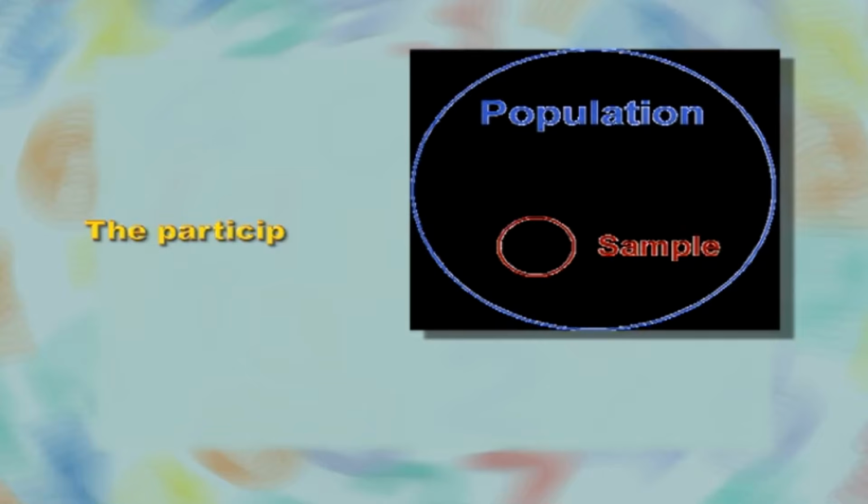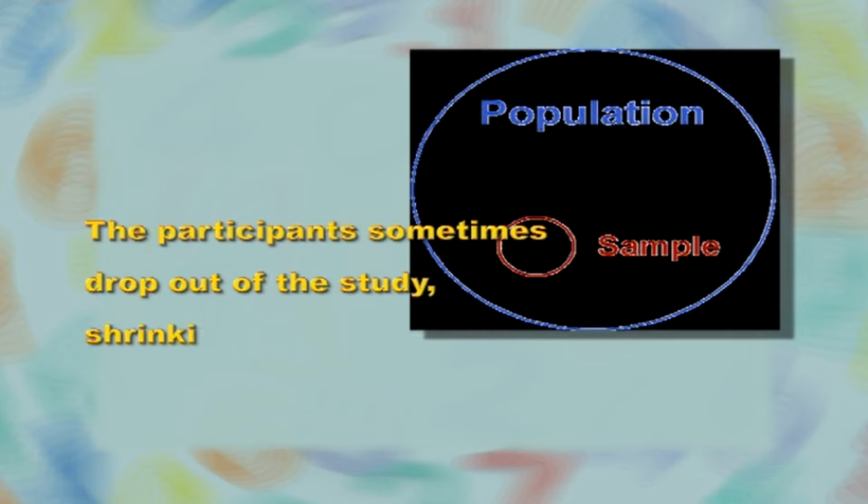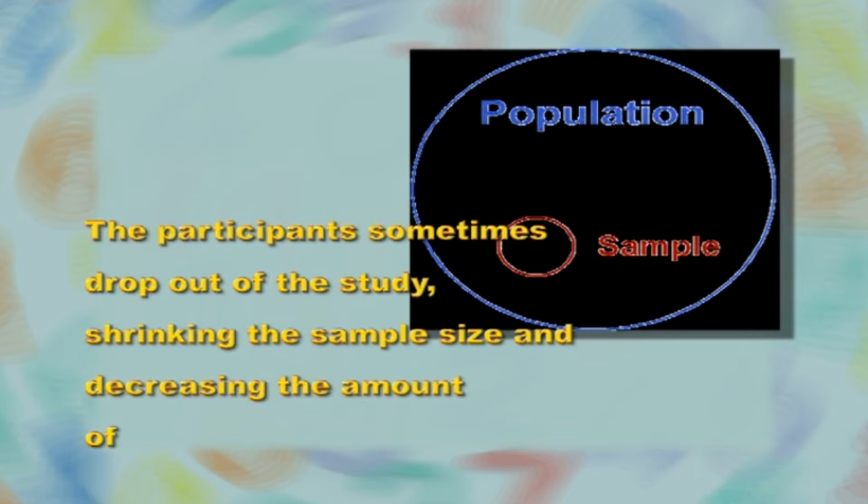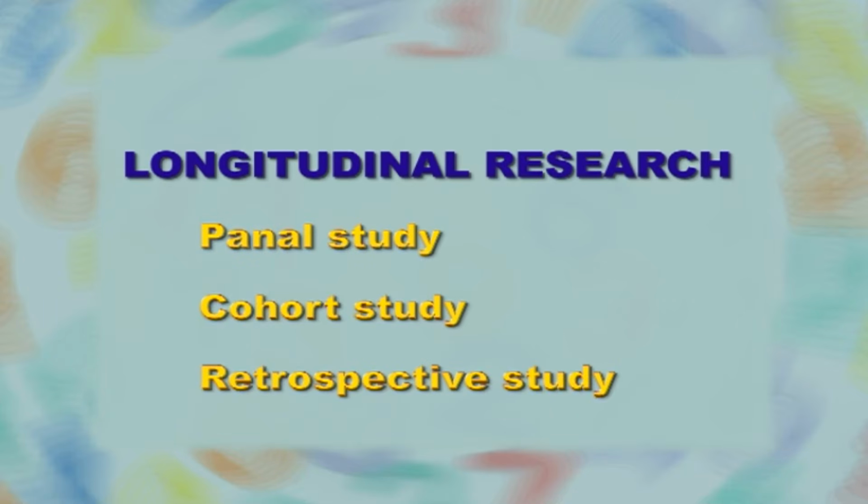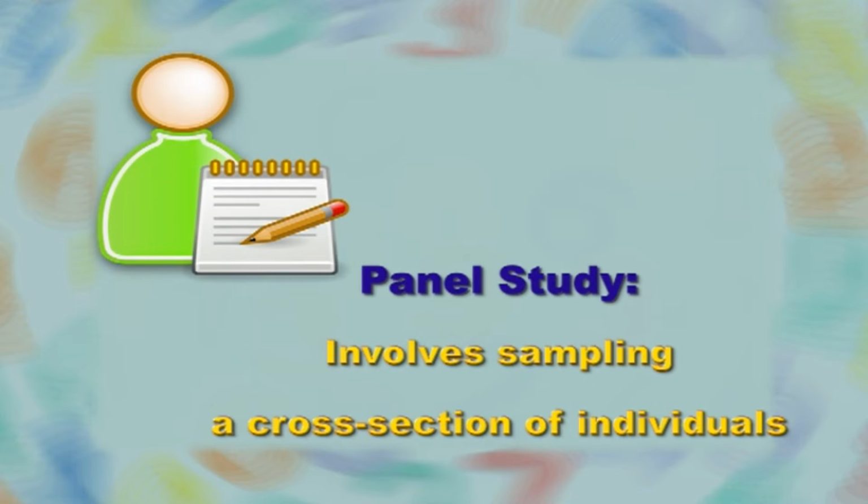What is the other problem that we will face? The other problem is that participants sometimes drop out of the study, shrinking the sample size and decreasing the amount of data collected. There are three major types of longitudinal study. Panel study involves sampling a cross section of individuals.